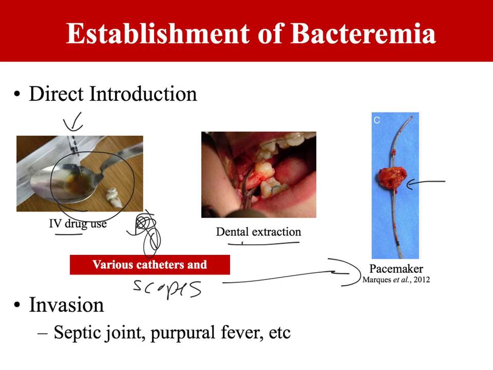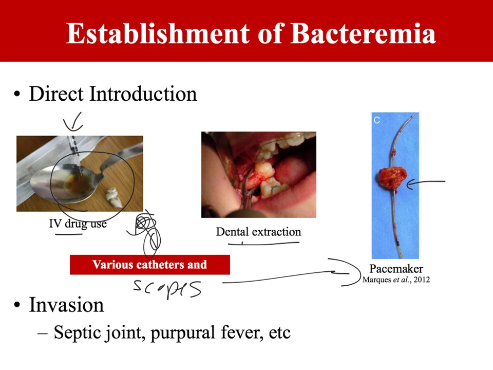So think about how the bacteremia is being established and which type of organism is going to come into the bloodstream by that method of induction. That'll give you a hint as to whether that method is associated with development of acute versus subacute endocarditis.